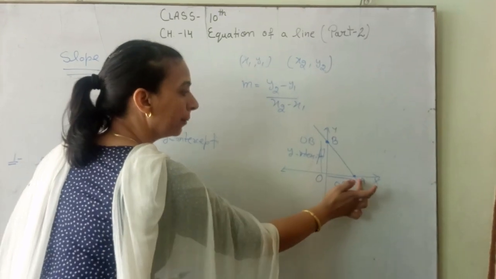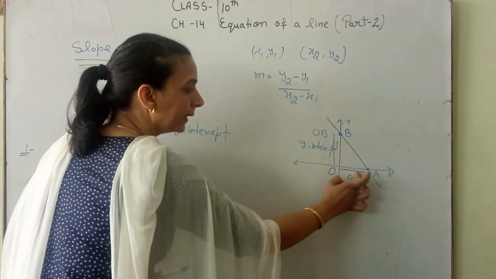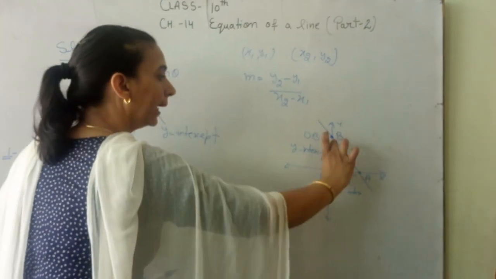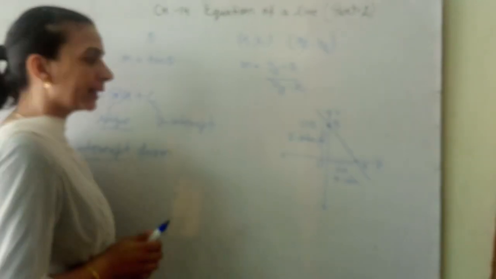OA is the x-intercept and OB is the y-intercept.